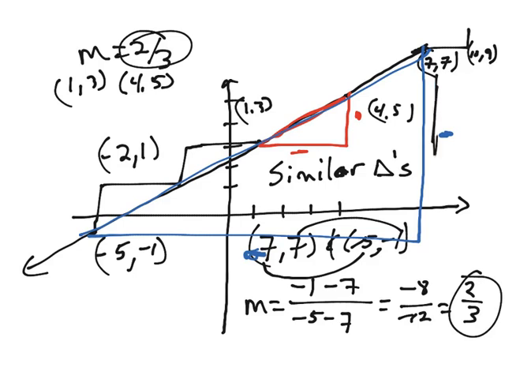So this vertical side divided by the horizontal side in the big triangle is equal to the vertical side divided by the horizontal side in the little red triangle. So it doesn't matter which 2 points you pick for your slope. The slope formula didn't specify which 2 points, (x1, y1) and (x2, y2), you had to pick. It just said any 2 points the line passes through.